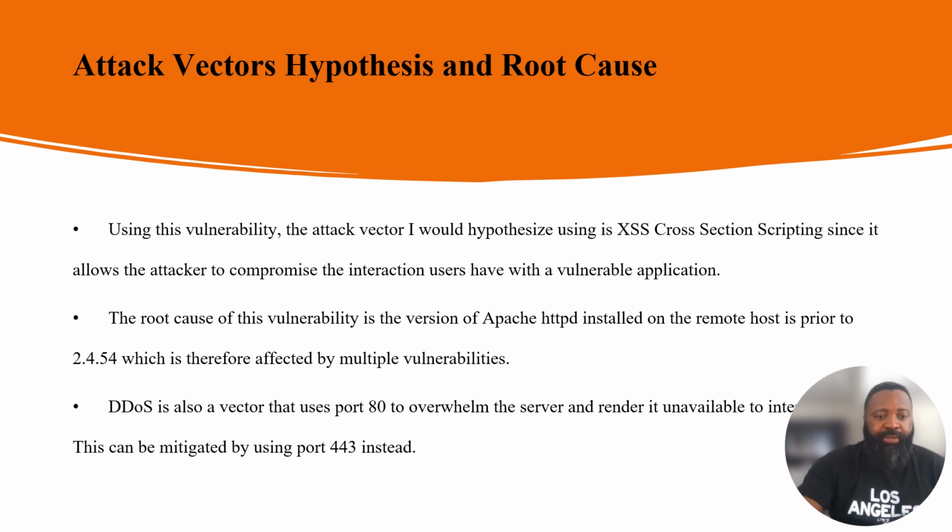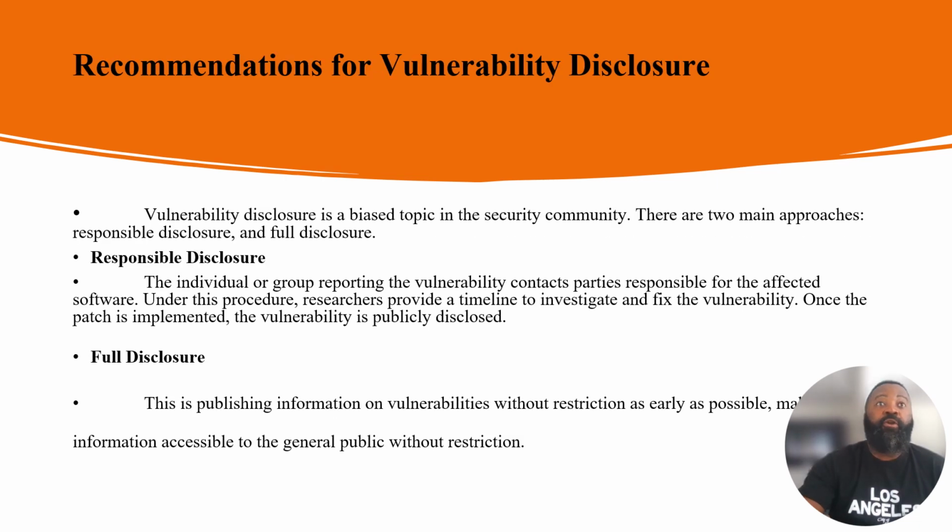Let's look at the next slide, which I think is the last. So, recommendations for vulnerability disclosure. First of all, there are two types of disclosure: responsible disclosure and full disclosure. Responsible disclosure is the kind of disclosure where the group reporting the vulnerability contacts the party responsible for the affected system, software, or network.